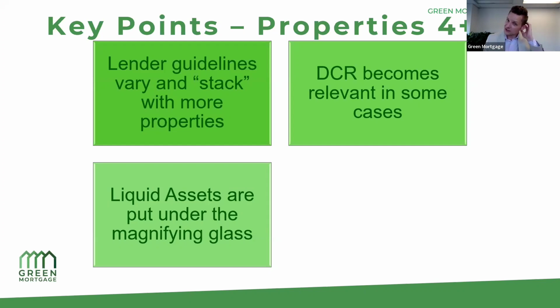Some lenders look at a target of about 10% of the asset value in liquid assets, which often is more than most people have, especially in British Columbia. And there are some lenders that have a more strict rule where you have to have at least $100,000 in liquid assets when you hit your 3rd rental property. So there's a couple of little new nuances here that you do need to keep in mind, especially when you're looking at trying to qualify.